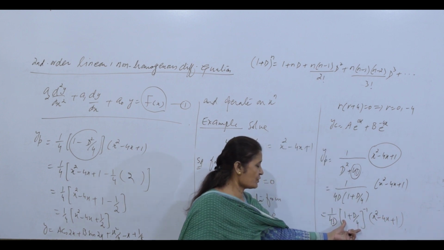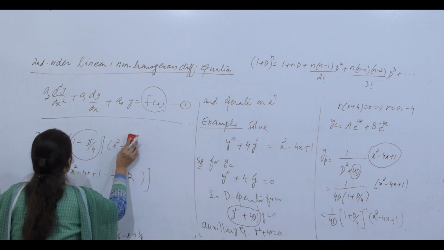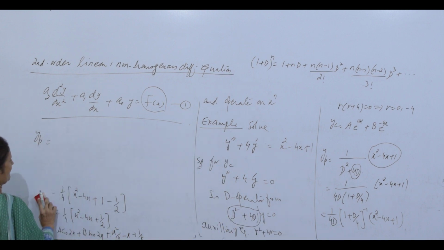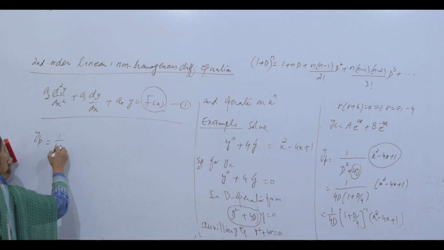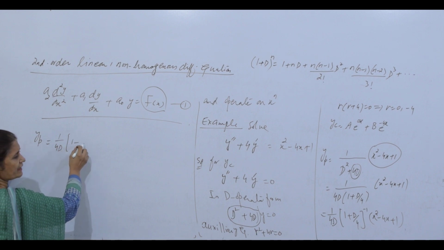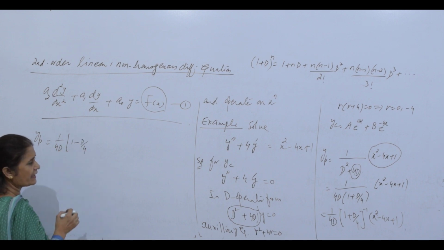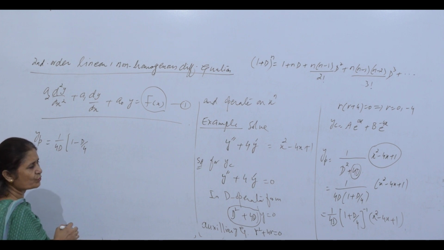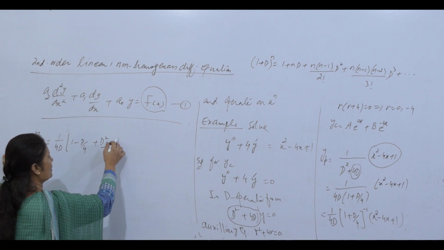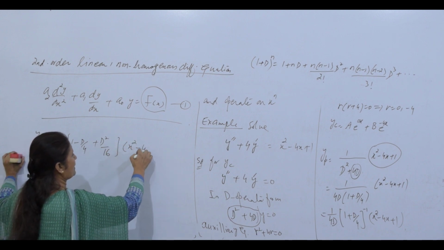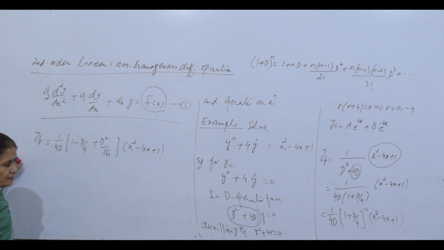Expand it using the binomial series: 1 minus D by 4 plus D squared by 16, and I have stopped there, operating on x squared minus 4x plus 1.